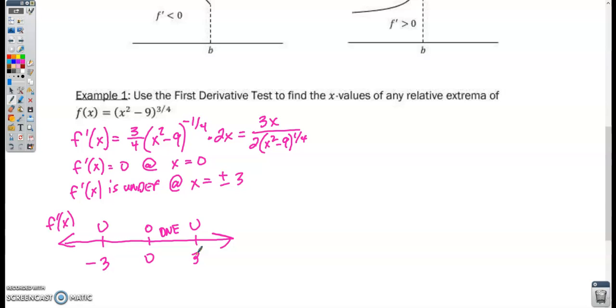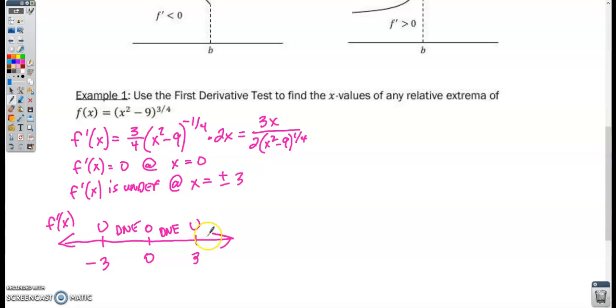In fact, because of the original function being a 4th root, the 3/4 power, since what's inside here is negative, the function does not exist anywhere between -3 and 3. So we can't have a critical point at 0 because the function does not exist there.